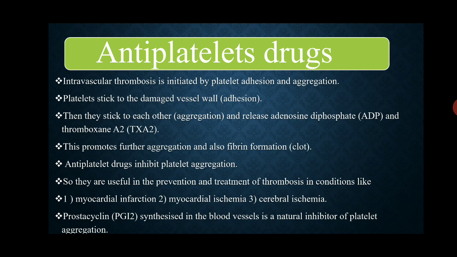So they are useful in the prevention and treatment of thrombosis in conditions like myocardial infarction, myocardial ischemia and cerebral ischemia. Prostacyclin PGI2 synthesized in the blood vessel is a natural inhibitor of platelet aggregation.